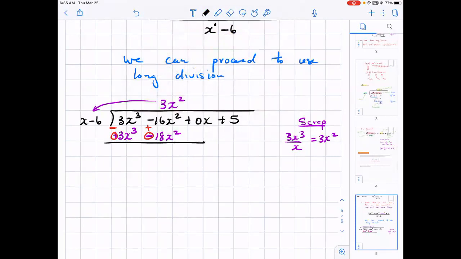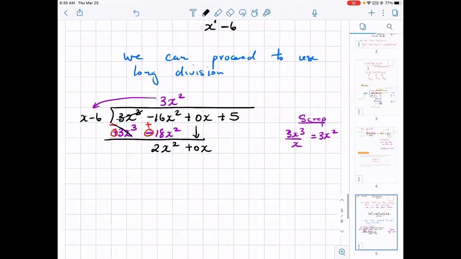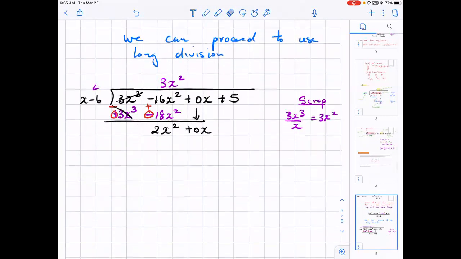If we do that, minus 16x squared plus 18x squared becomes 2x squared. And then the plus 3x cubed and the minus 3x cubed cancel out. We will now bring down our plus 0x. We finish distributing, so I'll remove that. And we repeat the process again. What is 2x squared divided by x? And that becomes 2x. So we write plus 2x here.